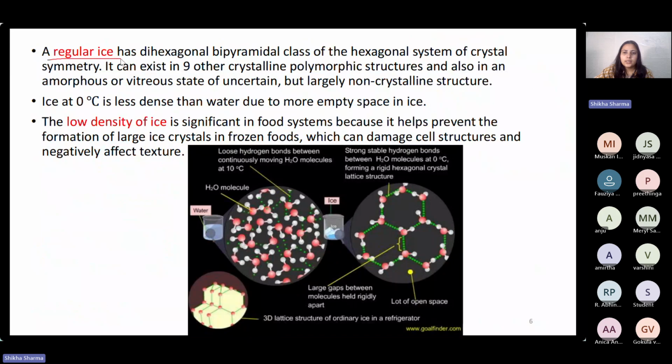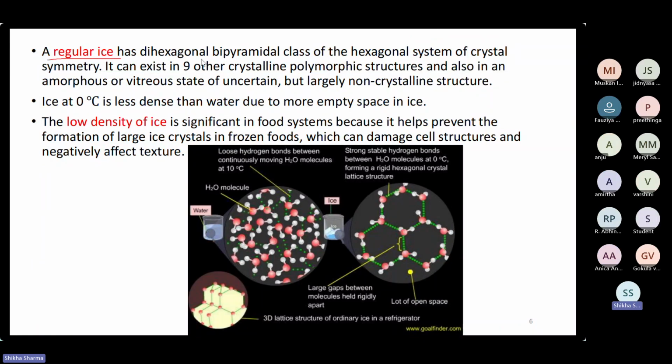Ice has a dihexagonal bipyramidal class of the hexagonal system of crystal symmetry. So it is like this. In this 3D lattice, we can see the ice structure.